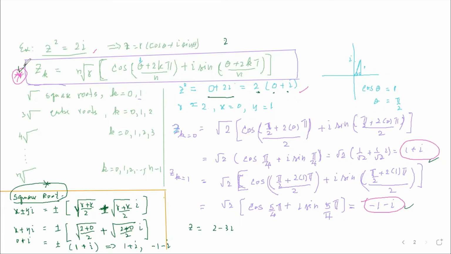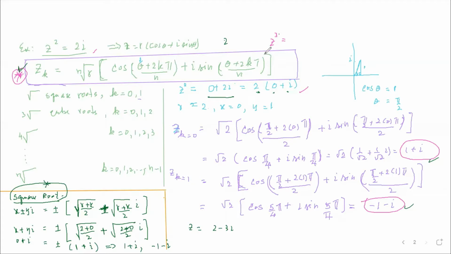Okay, but the other method can apply for any root. So this is about finding the root of the complex number. When you use cube root, do the same way, like a power 3. If the power is 3 here, that means you must have 3 answers, 3 roots.